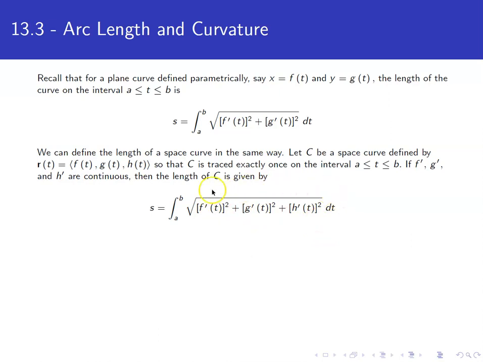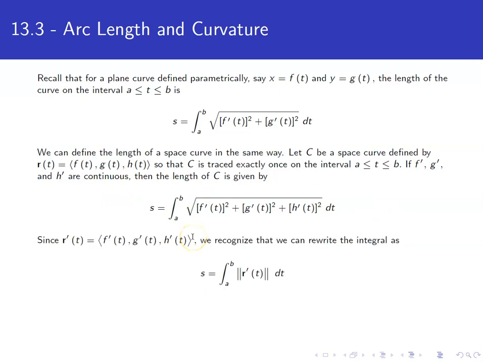Notice this looks a lot like the distance formula, and that's exactly where this comes from. You are doing distance between consecutive points. If you approximate the curve with line segments, you're adding all those distances between consecutive points and recognizing that you have a Riemann sum. So that's where the formula actually comes from.